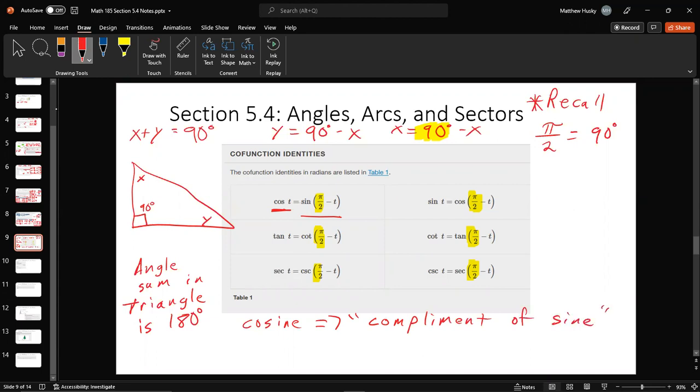And then what you might recall is that angles that add up to 90 are called complements. Angles that add to 90 degrees are called complements.